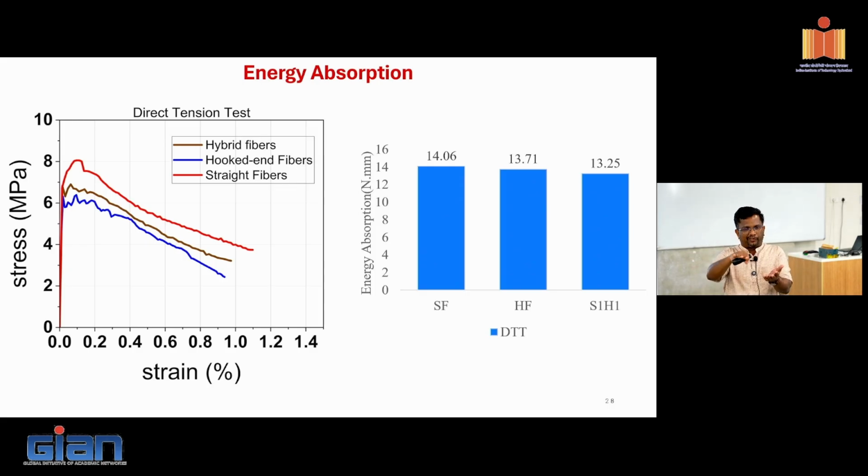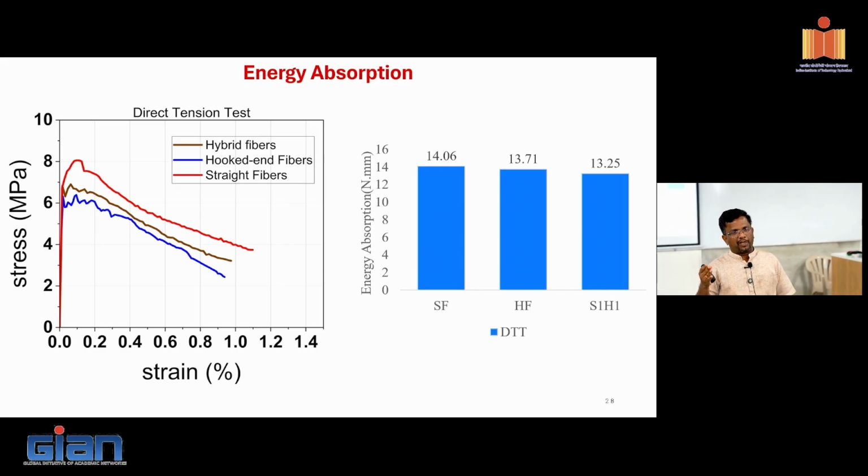The space between the fibers is less, so they are more effective in transferring load when you have direct tension, where the entire cross section is subjected to the same strain or stress. Whenever you have a strain gradient in flexure, the fiber type doesn't play much role, but whenever you have a constant strain in pure tension, then the straight fibers, with more number of fibers, perform better.